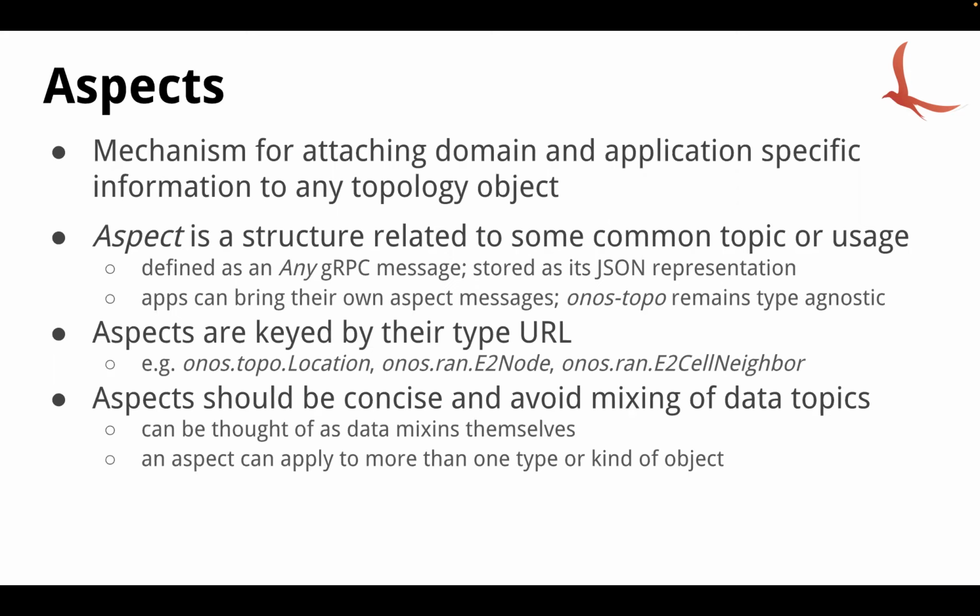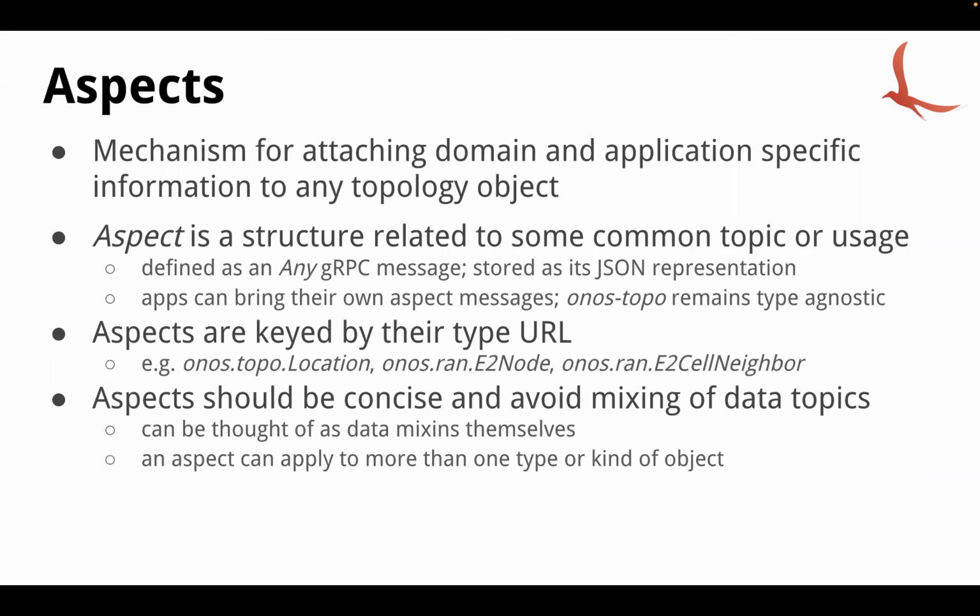Think of these as data mixins, if you're familiar with the mixin concept. And this way, if they're designed this way, they can also be applied to different kinds or types of objects, because relations and entities can have the same aspect too, whenever relevant.